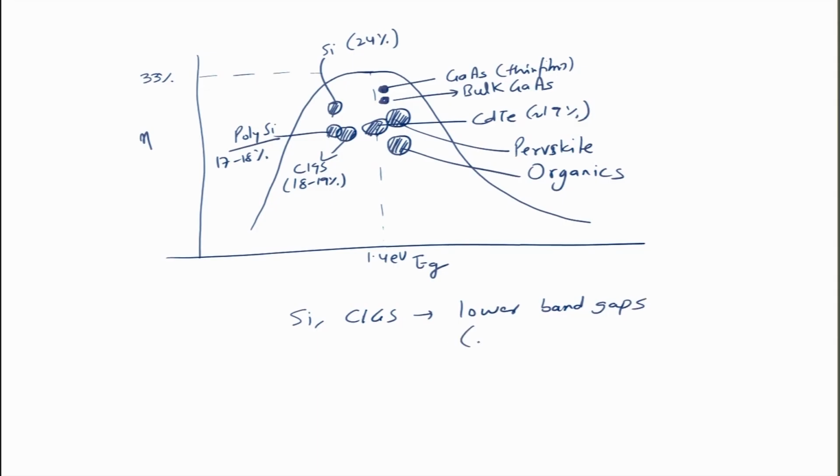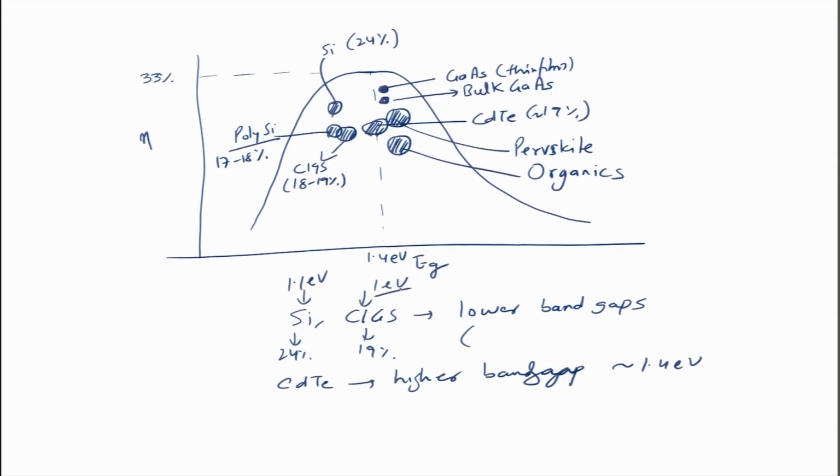And their efficiencies are of the order of, crystalline silicon is about 24%, CIGS is about 19%. CdTe band gap is larger, around 1.4 eV, silicon is about 1.1 eV, CIGS is about 1 eV or so, it depends upon the composition. CdTe again gives you about 19%.